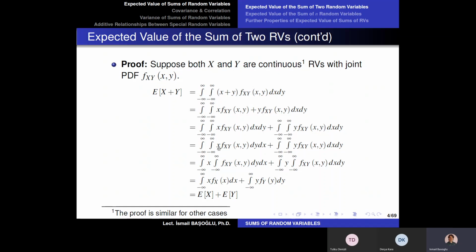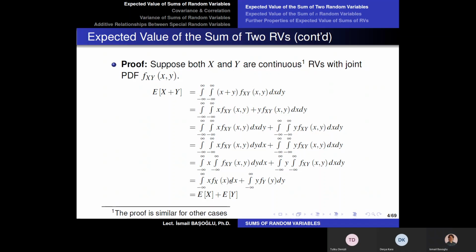It's not a variable, it's just a multiplier for the integral operator y. Therefore, we can take this x outside the first integral. Then in the interior integral, we will just be integrating the joint probability density function with respect to y. And when you integrate the joint PDF with respect to y, what you get is the marginal probability density function of x, right? If you remember the beginning of the 7th chapter, the first presentation file of the 7th chapter.